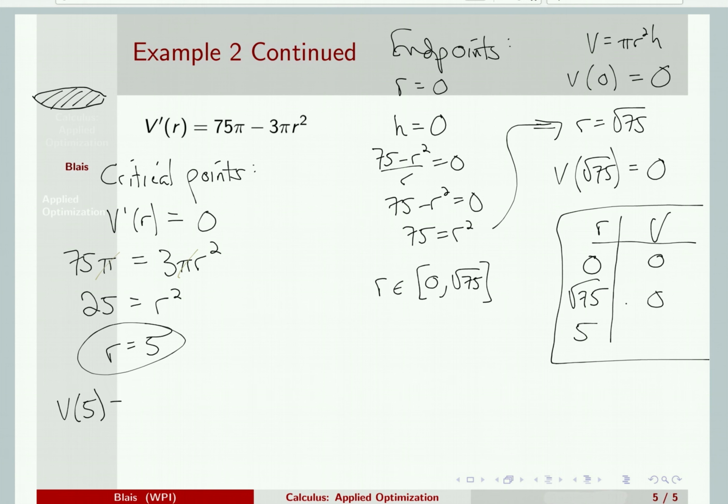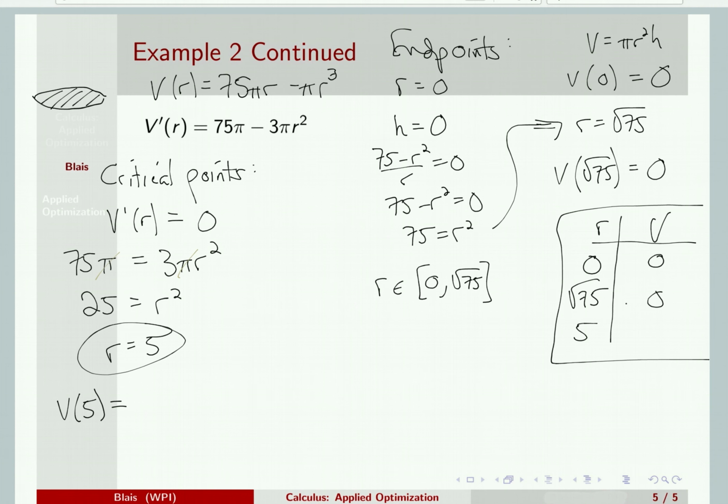V of 5, remember our function, V of r was 75 pi r minus pi r cubed.